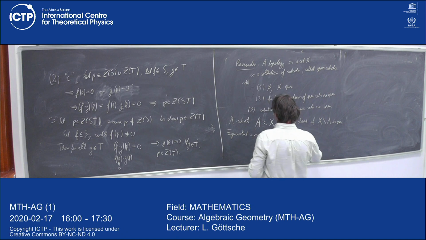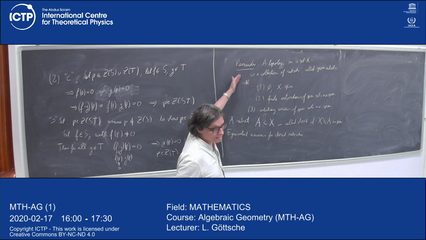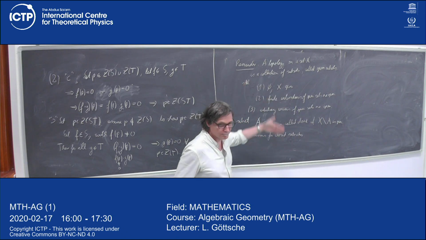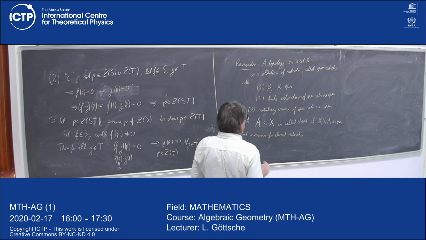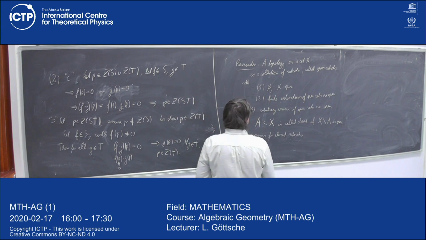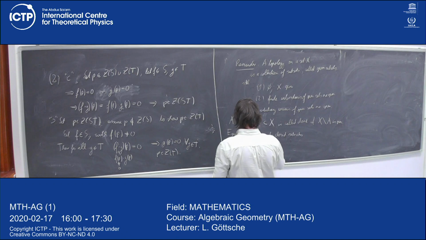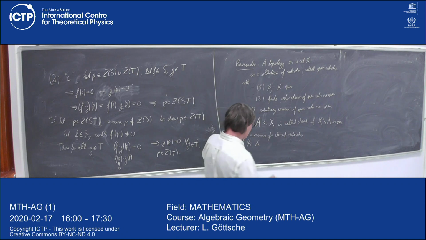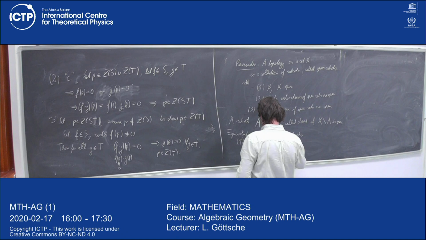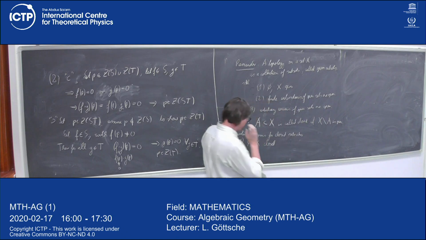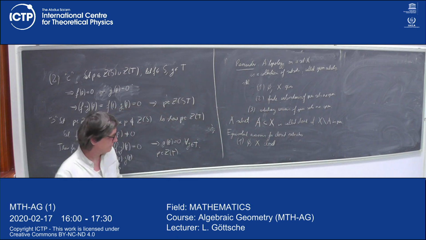So we can define the topology by saying what the closed subsets are, because then the complements are the open subsets. And so the equivalent axioms are first, again, whether you like it or not, the empty set and X are closed. The empty set is the complement of X, and X is the complement of the empty set.